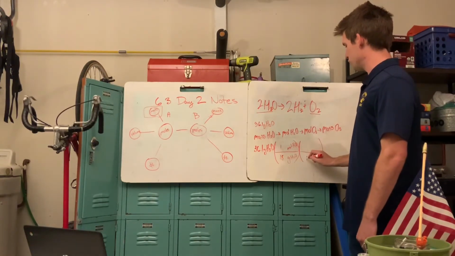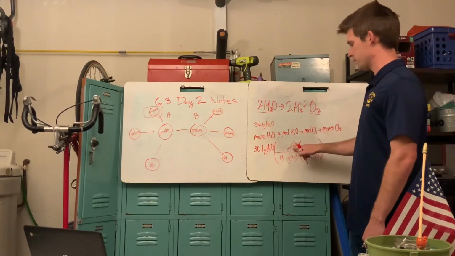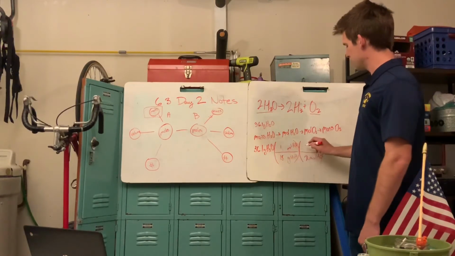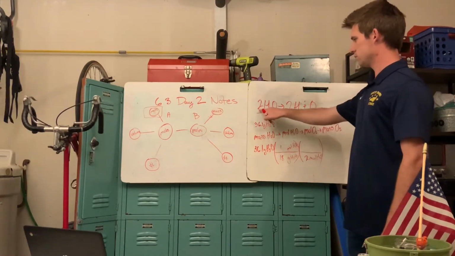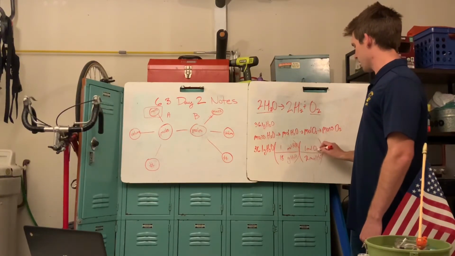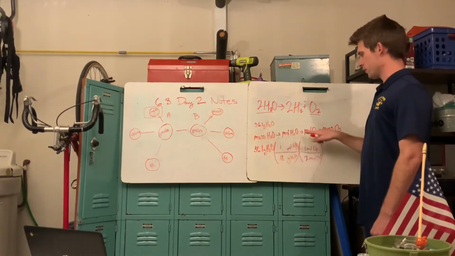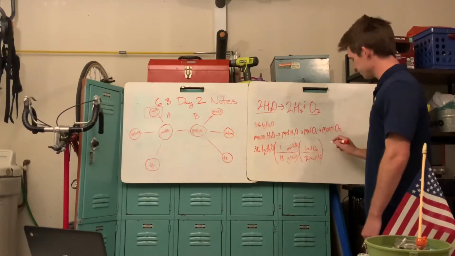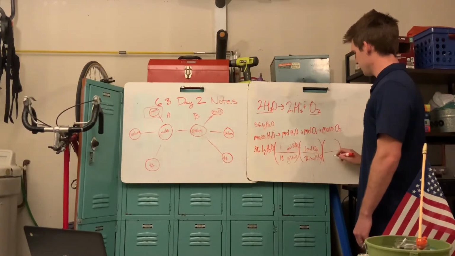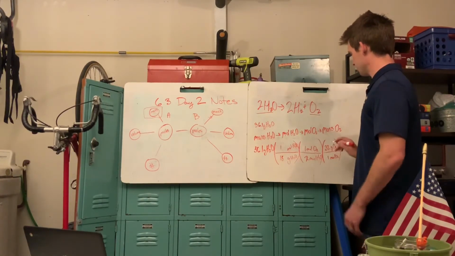And I know that 2 moles of water, and I'm putting moles of water on the bottom because it was on the top in the last step, reacts and forms only 1 mole of oxygen gas. Now we went to moles of water. Now we're in moles of oxygen. We just need to get to mass of oxygen. So our last step is going from 1 mole of O2 to 32 grams of O2. And that's it.